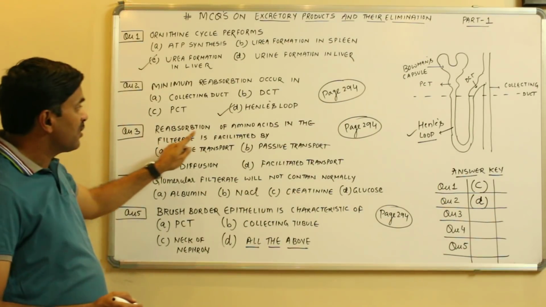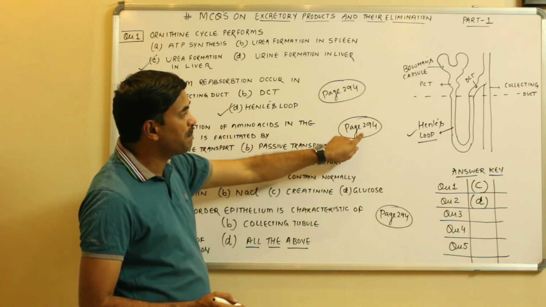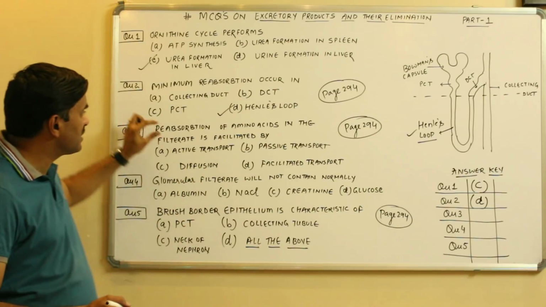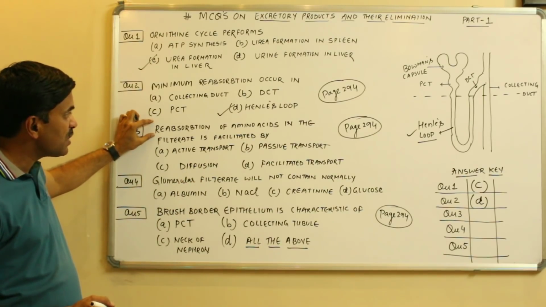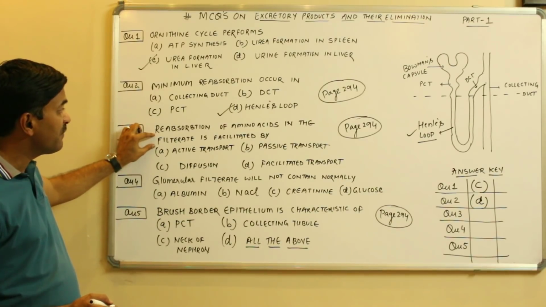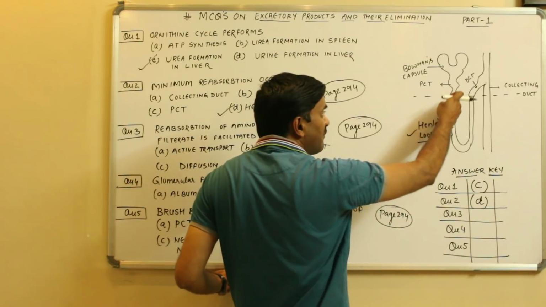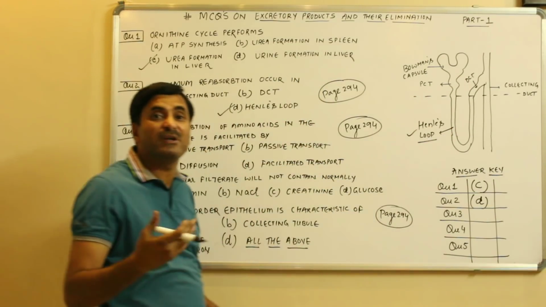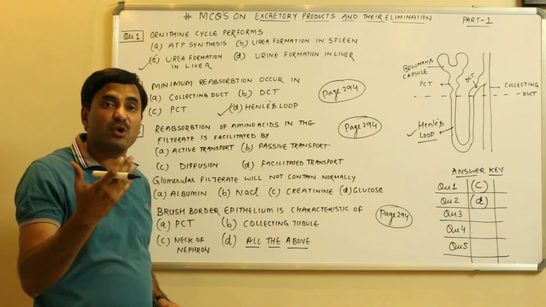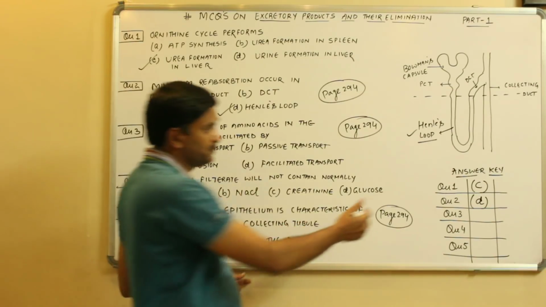Third question, very important one, and this question is from page number 294. It is clearly mentioned that reabsorption of amino acids in the filtrate is facilitated by, we know very well that in the nephron the nephric filtrate is present, but from this nephric filtrate selective reabsorption occurs, so that the substances are not lost along with the urine.